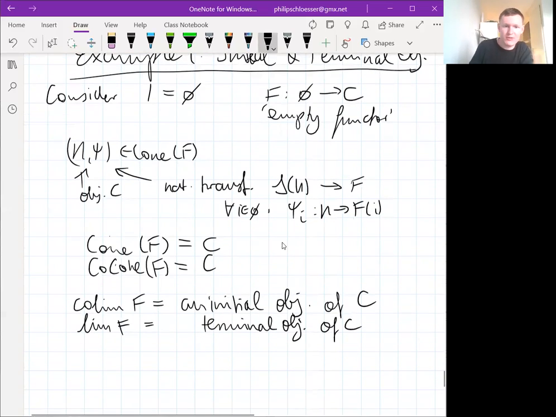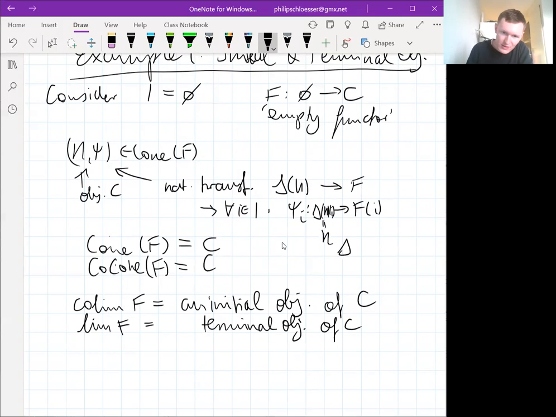Such a natural transformation is given by, for every object of I, a morphism psi I from the constant functor n in I, which is just n, to F of I, such that this naturality condition is satisfied.